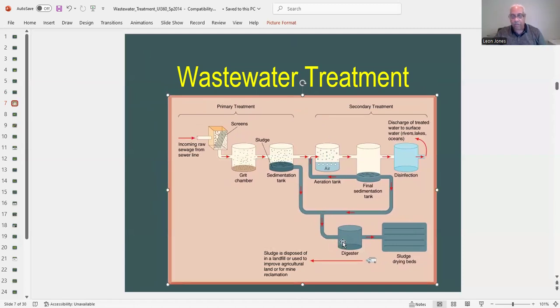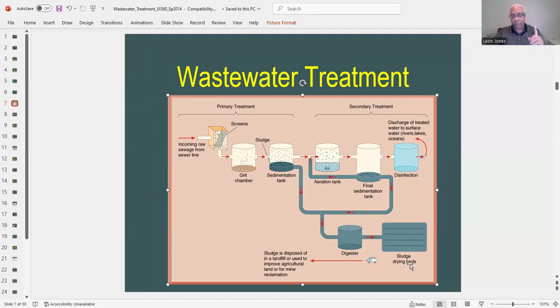And from the digester, it goes into the sludge drying beds. And then it's going to be trucked to a landfill and used to improve agriculture land for mine reclamation.